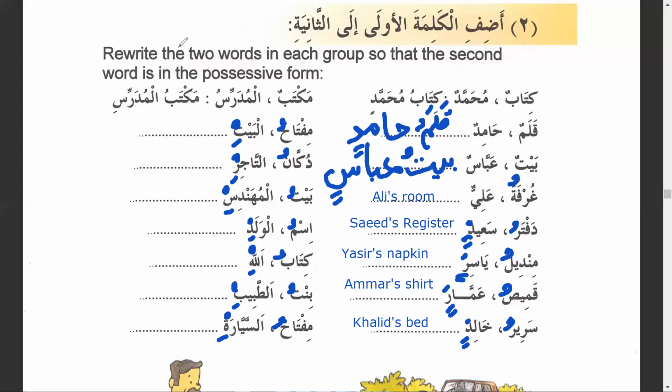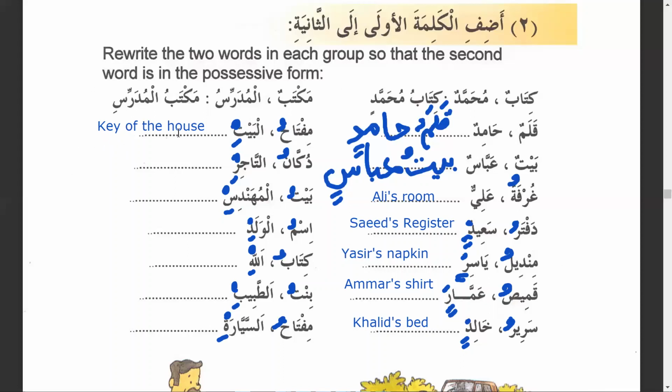Now you tell me the translation. Miftahul baiti. Miftah is key, and baiti, you know. The key of the house. Because of al, the house.